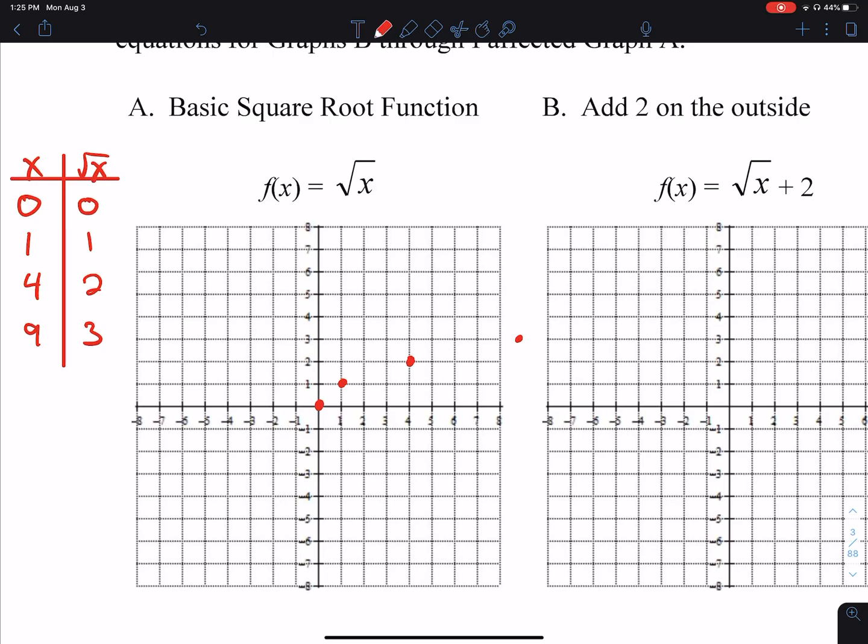So our graph starts at (0, 0), and it moves like this. It moves to the right much faster than it goes up. Good enough. It is a curve. It has a vertex at (0, 0). That is the basic square root function. That is the parent graph.